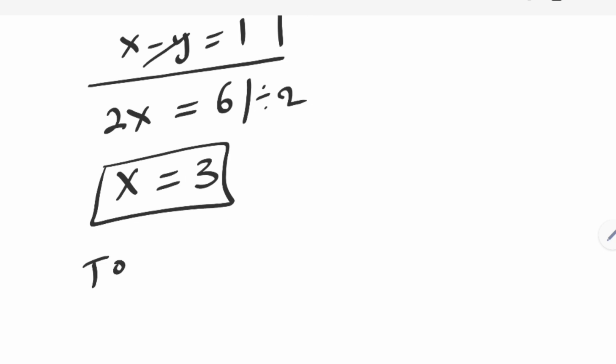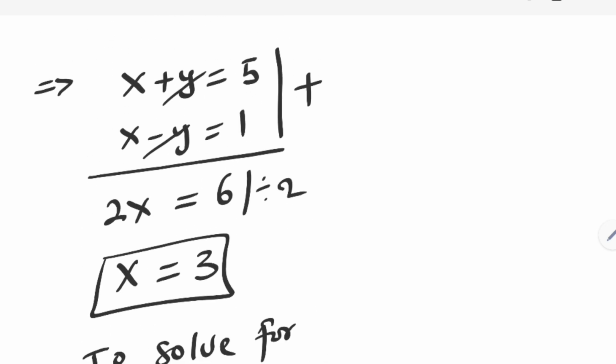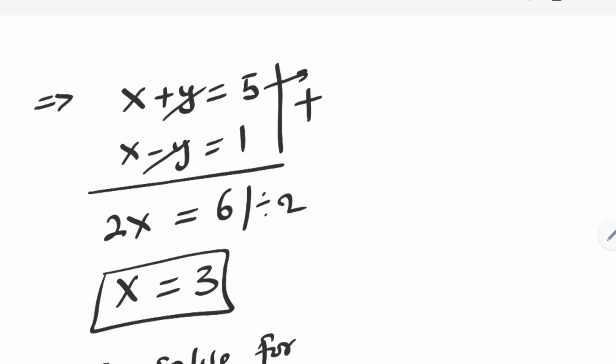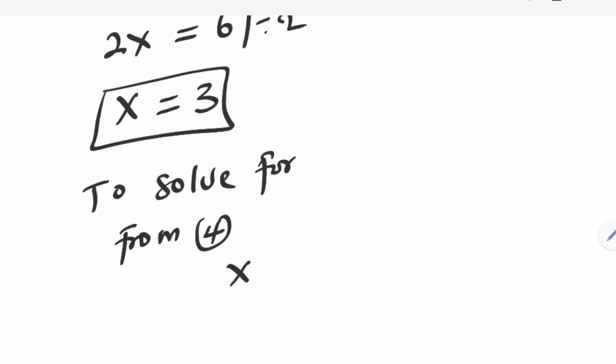To solve for y, now let's say from either this equation 3 or this equation 4. Let me make use of this equation 4. From equation 4, x minus y equal to 1.